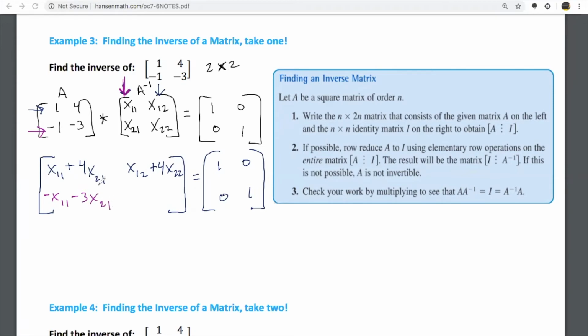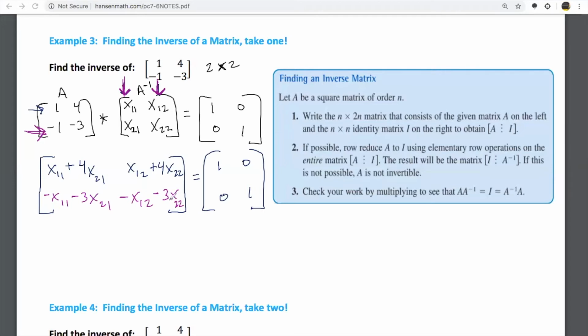Moving on to the last element here, which would be row 2 times column 2, we have negative 1 times x12, which is a negative x12, and we have a negative 3 times x22, which is negative 3x22.